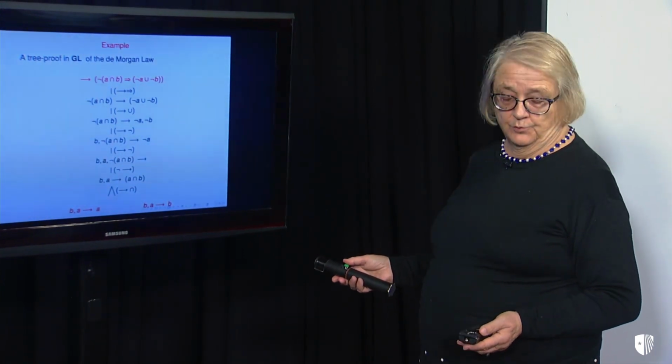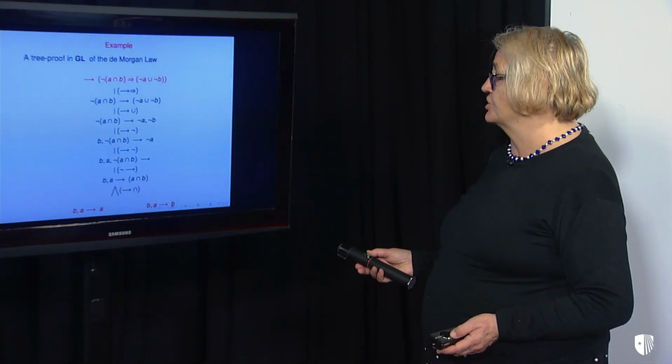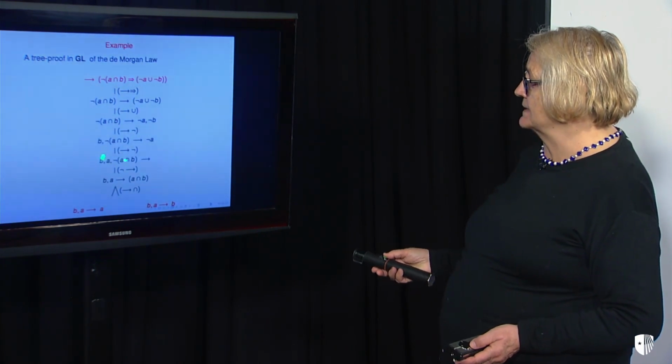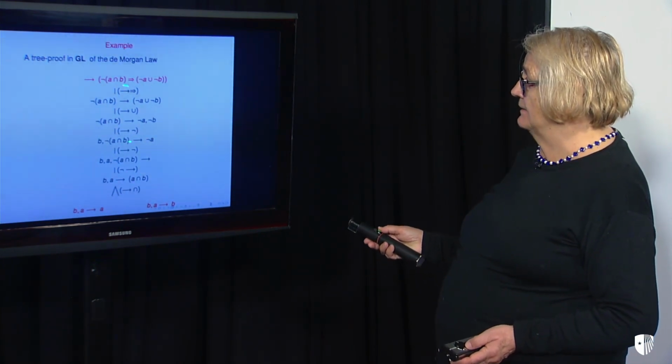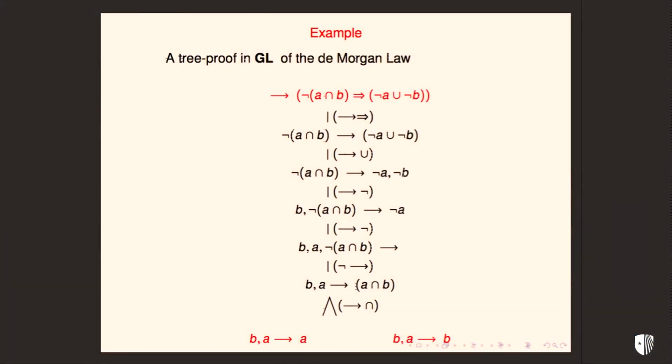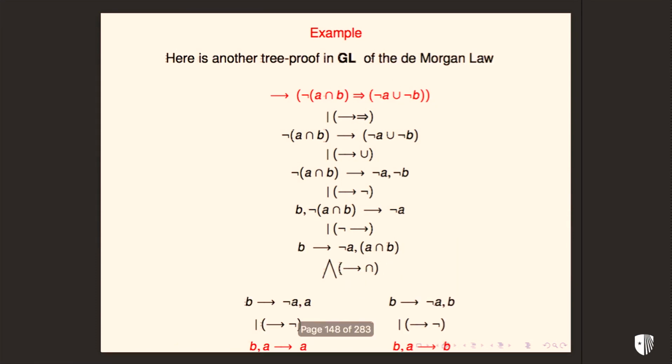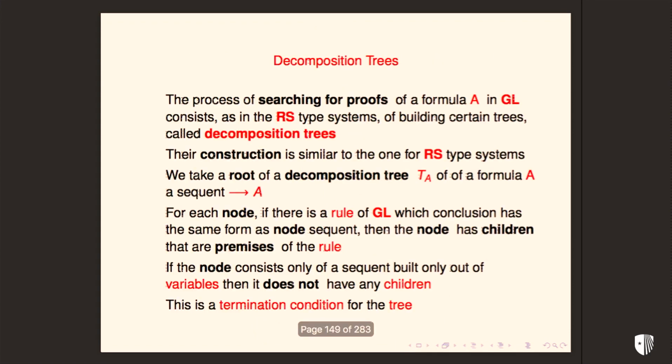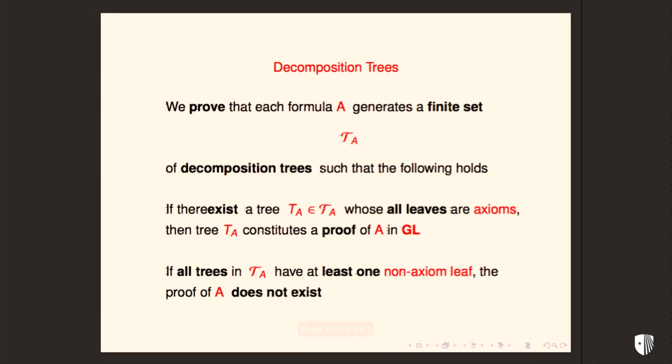Just to bring that to your attention, I show that this is one tree which would be the proof of the De Morgan law, and then there's another proof of the De Morgan law which is different. So the decomposition trees are almost unique, but not always unique. So searching for proof is building the decomposition tree.